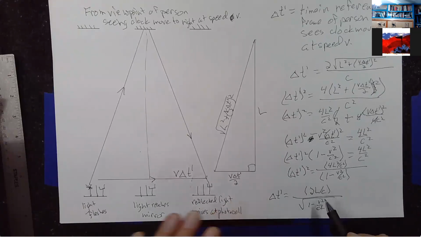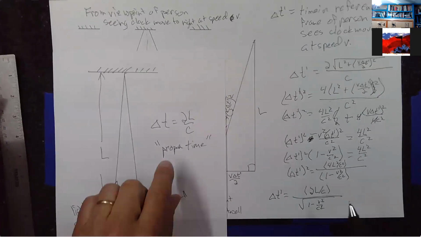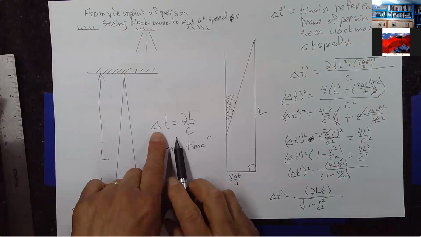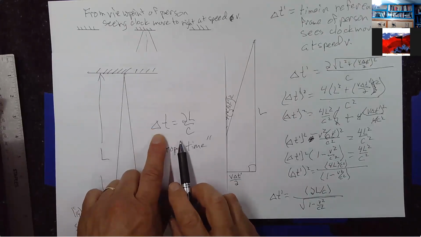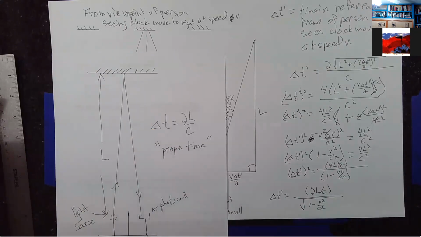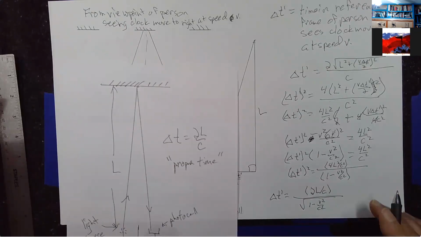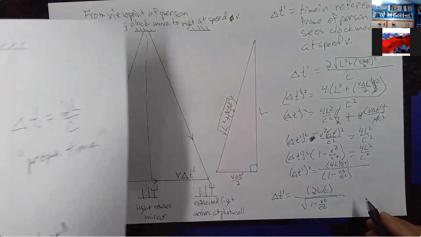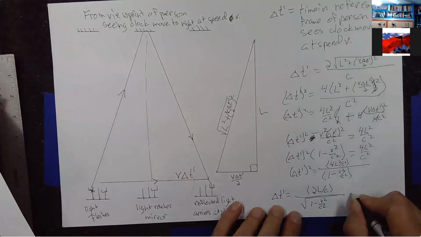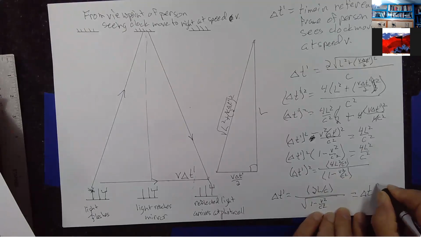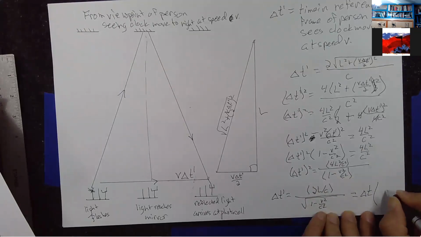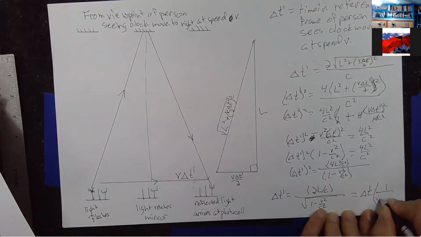Okay, 2L over C is the delta T. That's the proper time that's measured in the reference frame of the person who sees the clock as a moving object. And so I could rewrite this as delta T times 1 over the square root of 1 minus v squared over c squared.